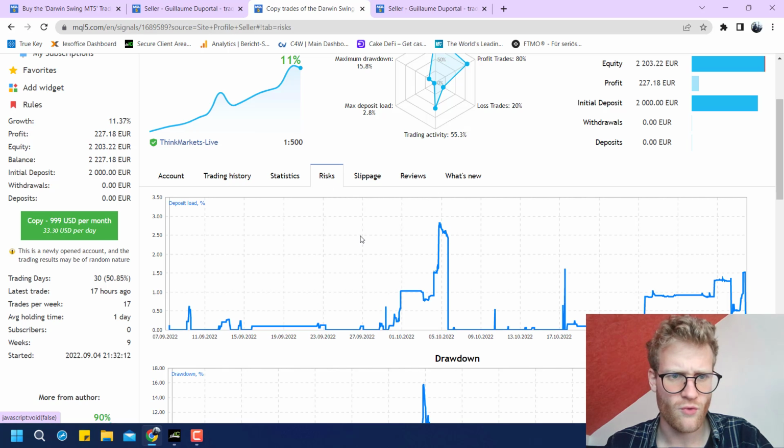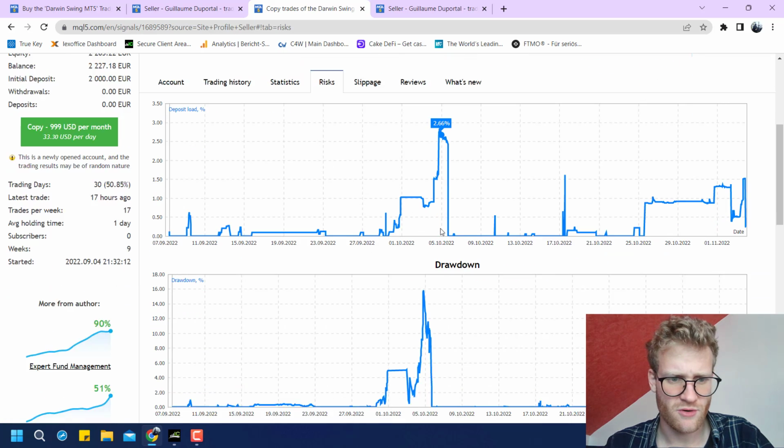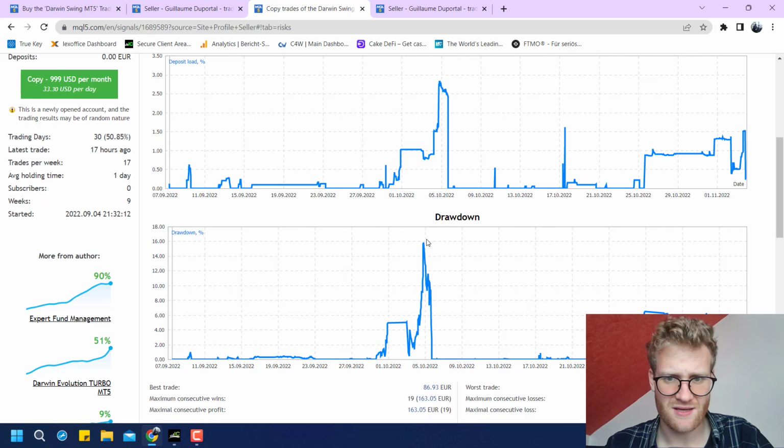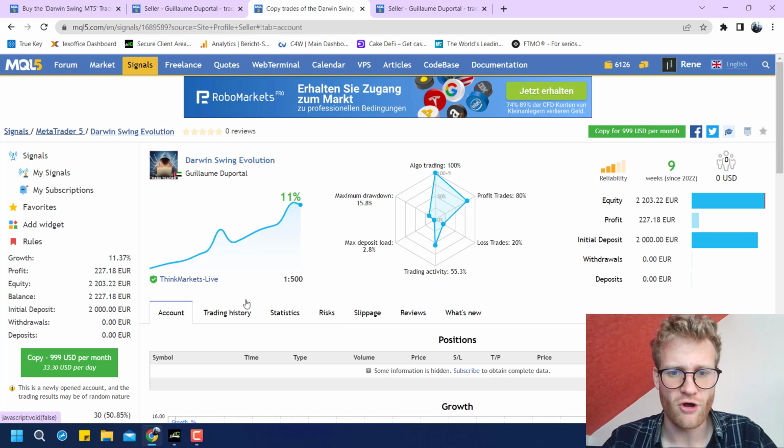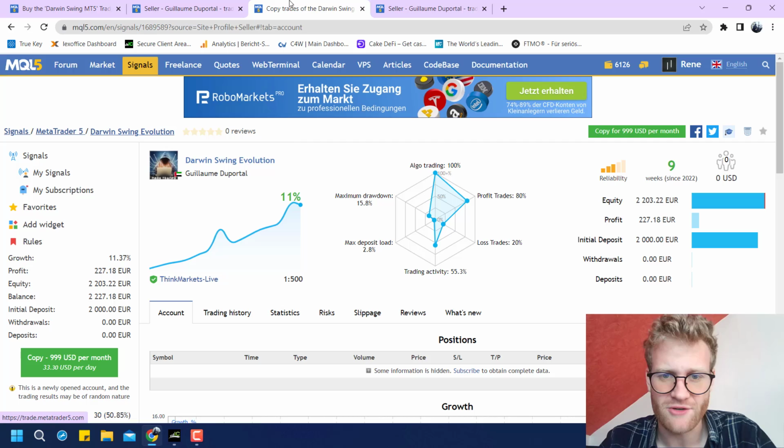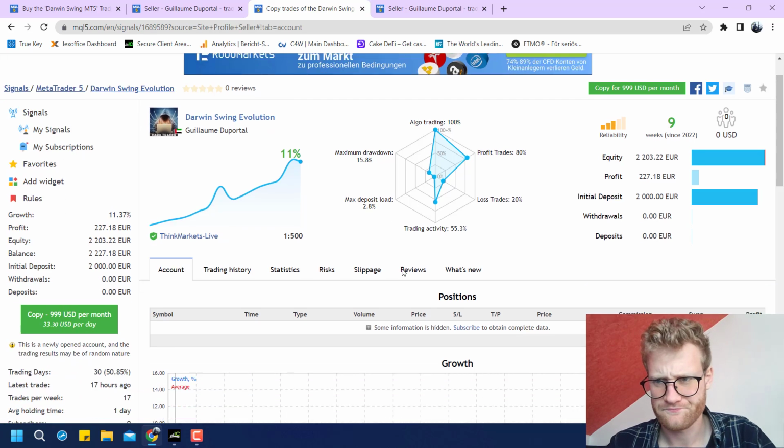Maybe it's for risk drawdown. So the maximum drawdown was close to 16%, and the return is 11%. This is, in my opinion, realistic. It's not like you do not see any drawdown, but you are still in profit.